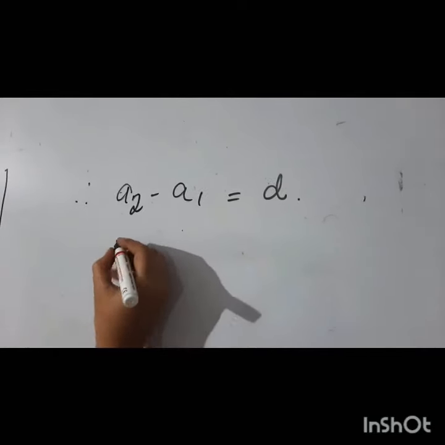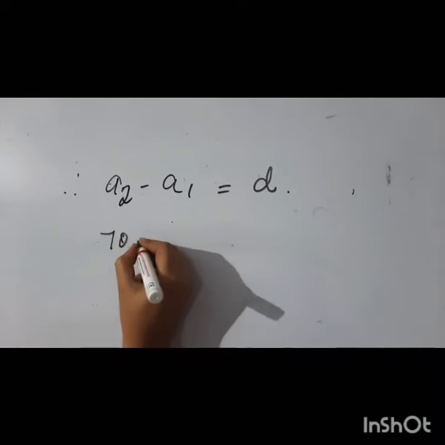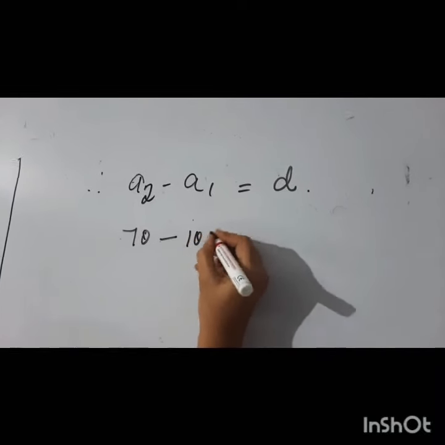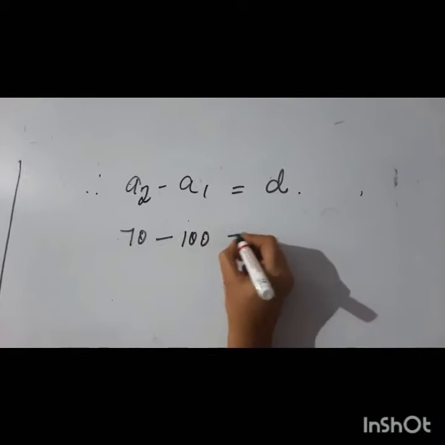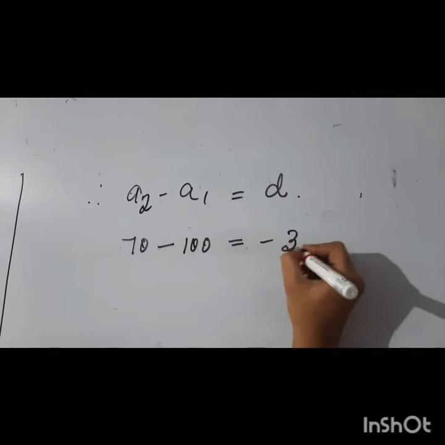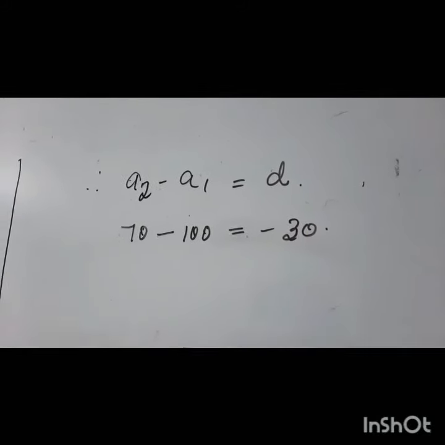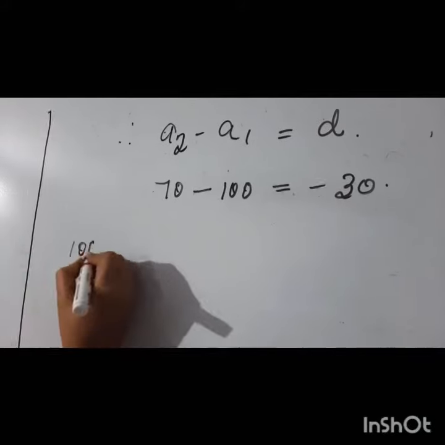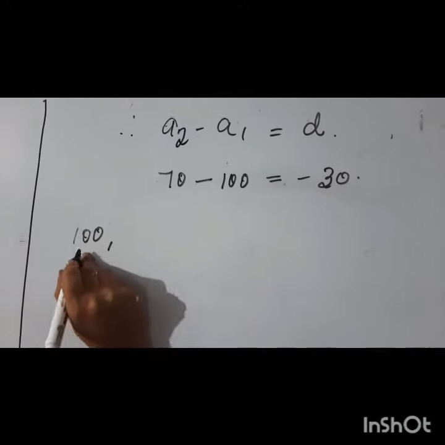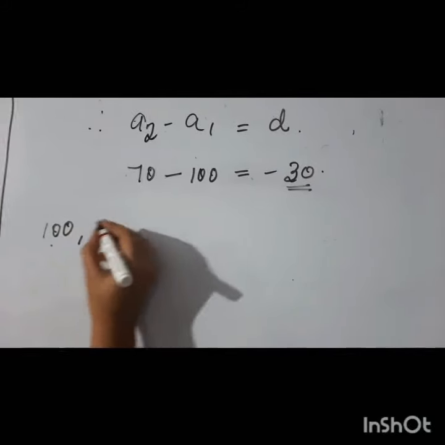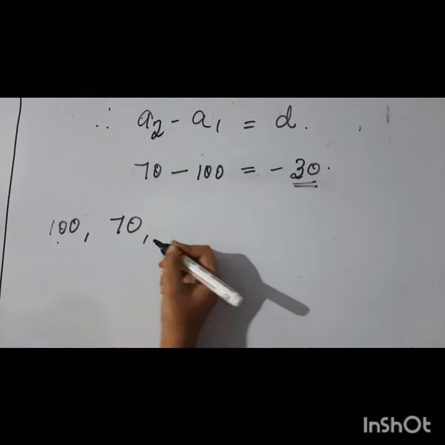What is A2 in your second example? 70. What is A1 in your second example? 100. So 70 minus 100 will give you minus 30. So in your second example, the first term is 100. If you subtract 30 from the first term, you get your second term 70.